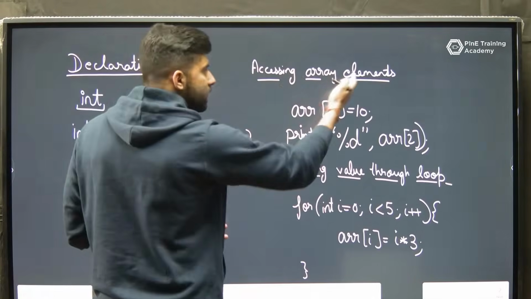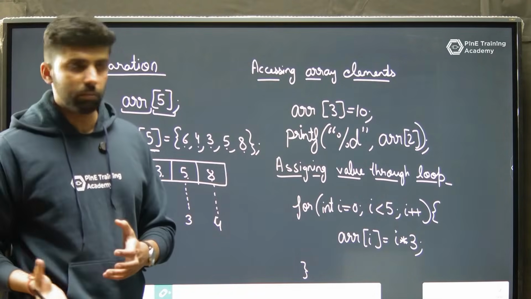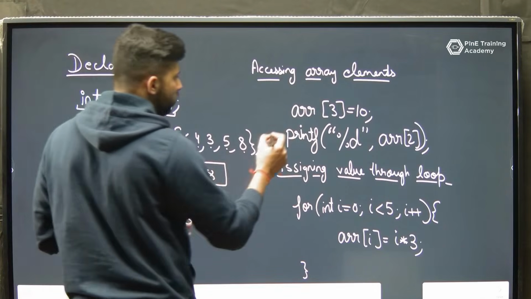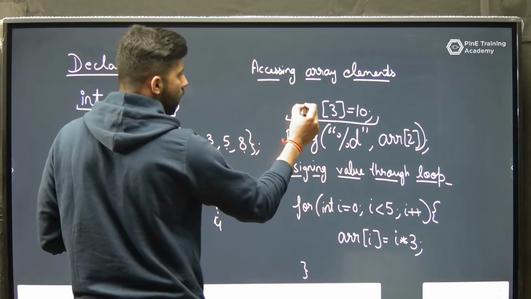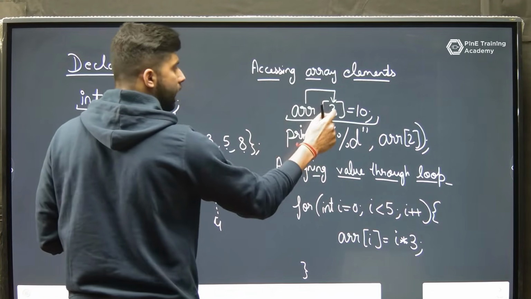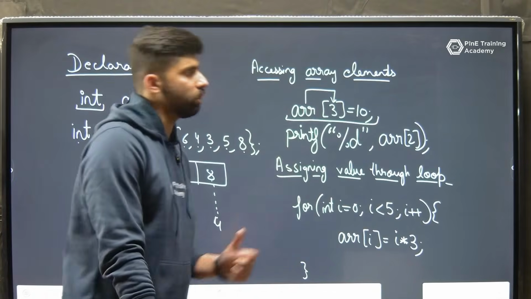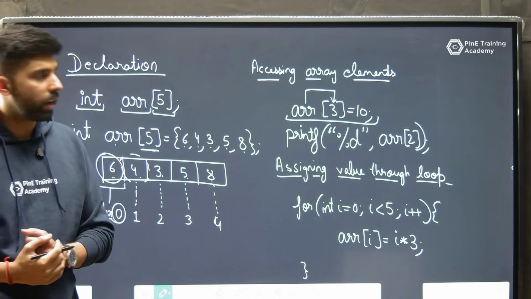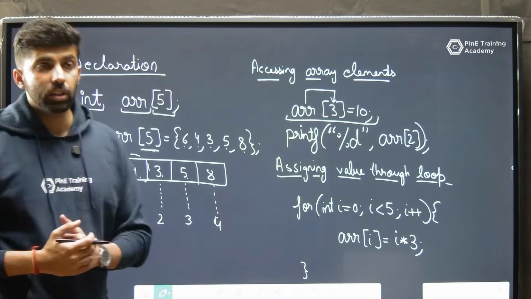How do we access the elements of an array? Suppose I want to change a value or print something. How do we do that? I can simply write like this: I am specifying that I want to assign the value 10 to array index 3.